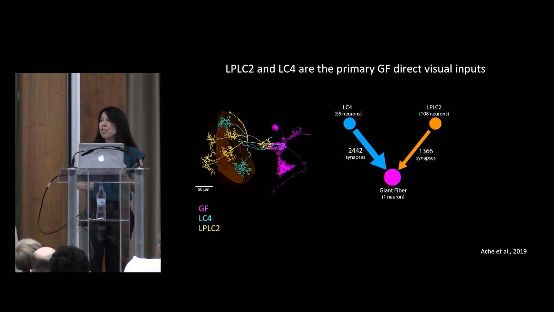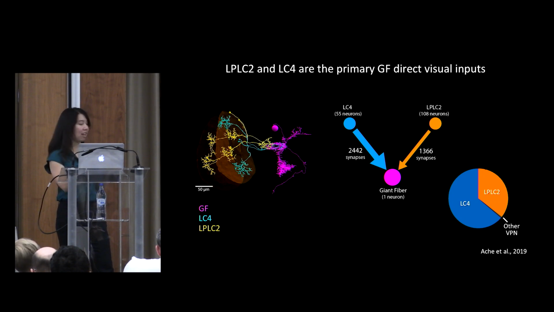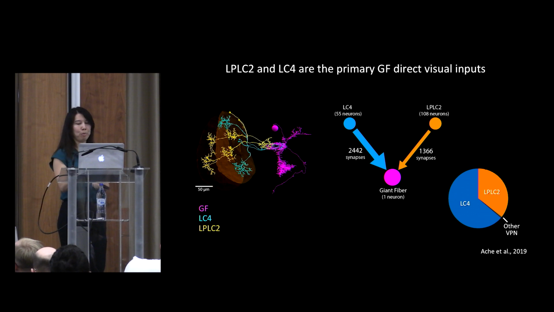It's true that there were actually 6 other visual projection neurons that made synapses onto the giant fiber, but all told, those other ones made a sum total of 12 synapses. So we really think that from our EM data tracing, LC4 and LPLC2, these 2 visual projection neuron types, are really the primary input to the giant fiber coming directly from the optic lobe.